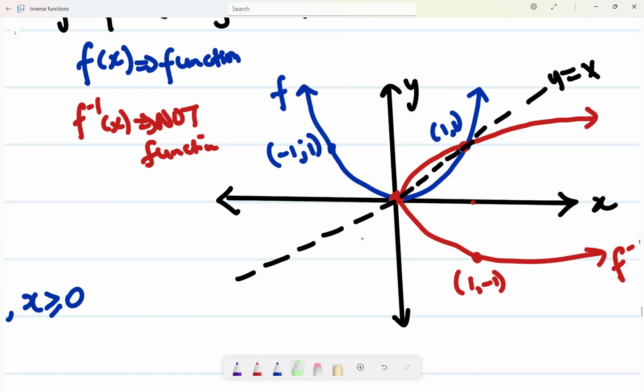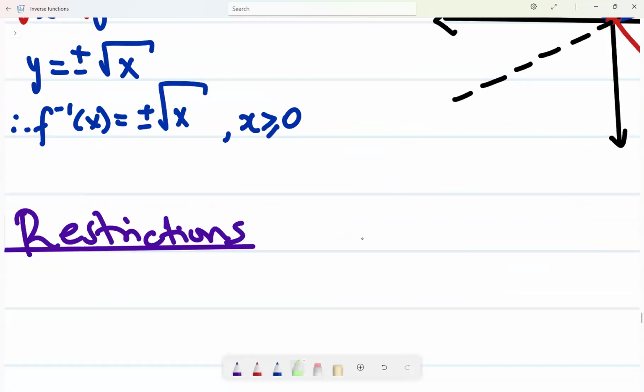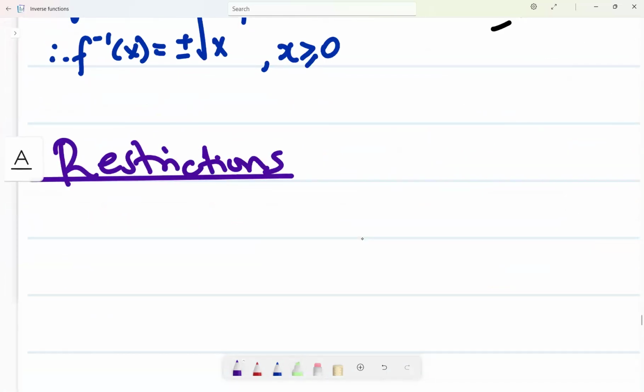I can restrict that by saying, if my x values are less than 0, from 0 to the negative side, I'm going to have an inverse that is a function.